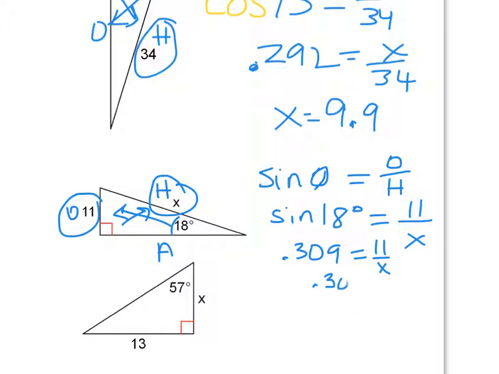So that would give me 0.309x equals 11. And now I'm going to divide by 0.309 on both sides. Which is to 1 decimal place 35.6.